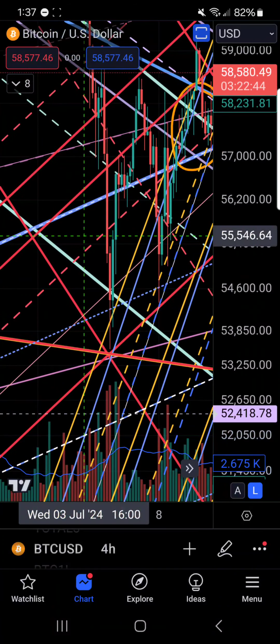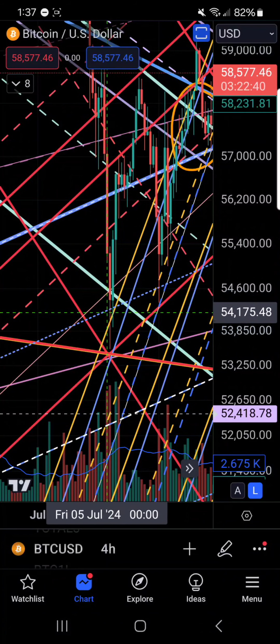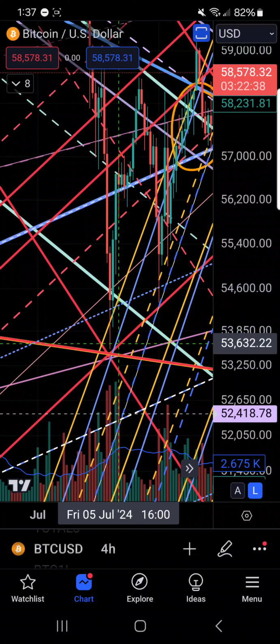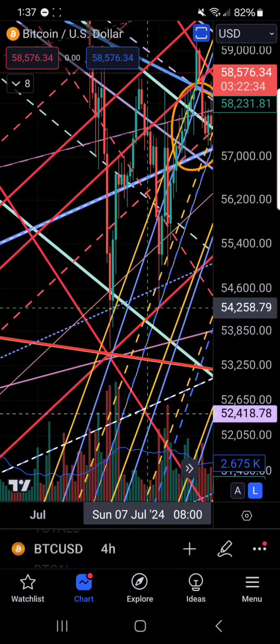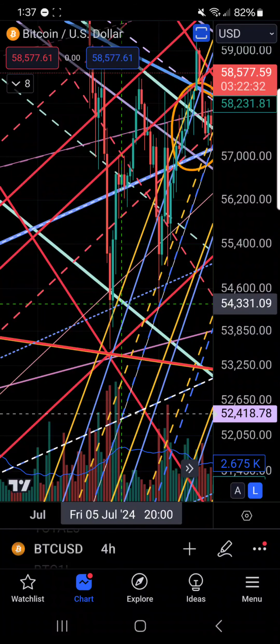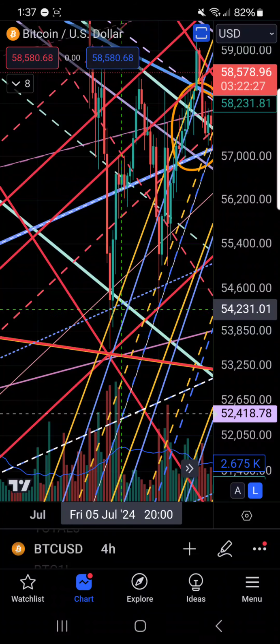Yeah, when was this? This is the 4th of July. Now we did go down pretty far through it, but you can see we closed these 4-hour candles just slightly above the center line of this one here.